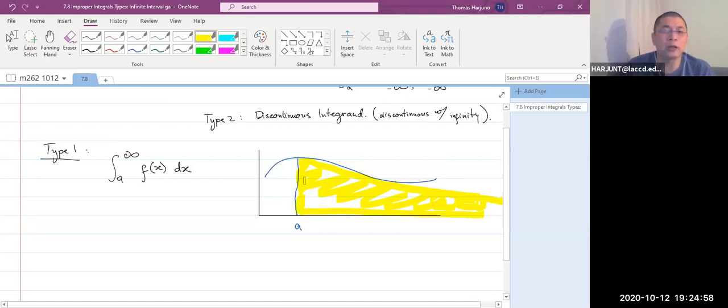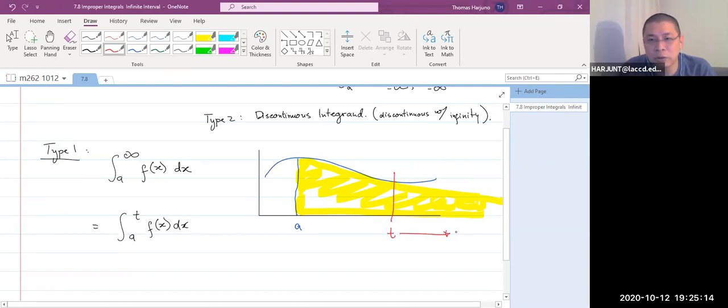To compute that, we compute the integral from a to t, using a dummy variable t, and then we push t to infinity. That will be the limit as t goes to infinity after we get that integral.